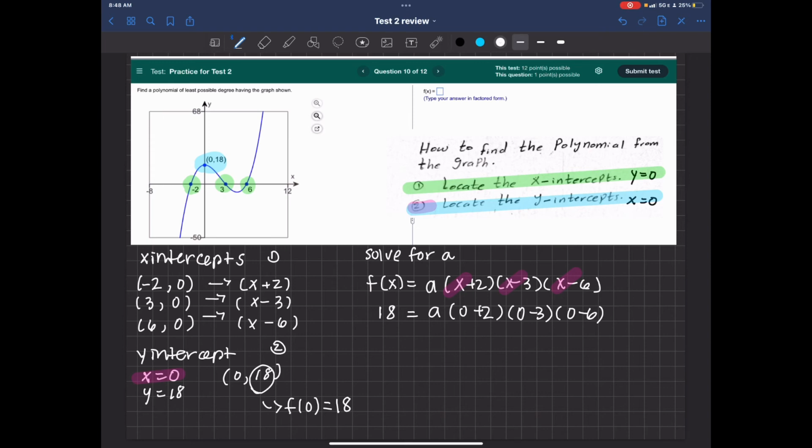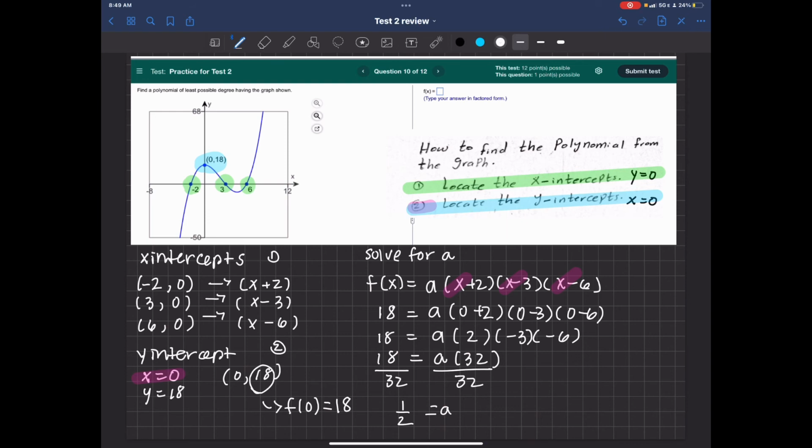Because we're solving for a, 18 equals a times 2 times -3 times -6. 18 equals a times 36. We've got to solve for a, so we're going to divide both sides by 36. A equals 1/2.